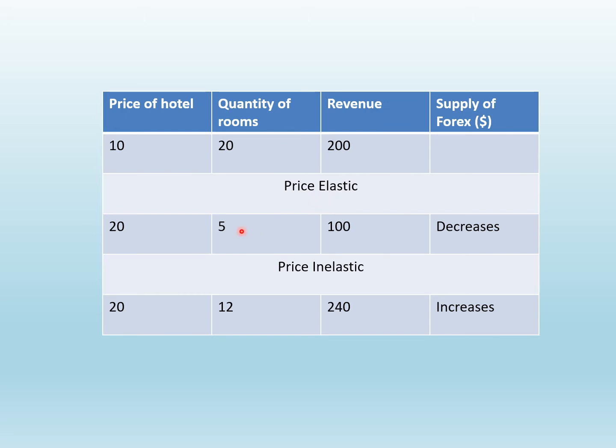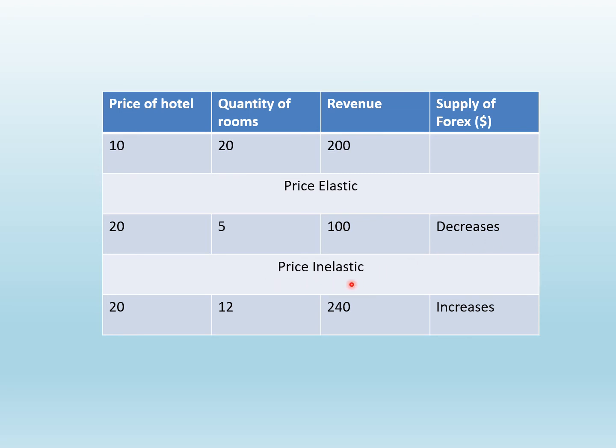So if you like, the number of rooms that are now rented out is only 5. It's a more than proportionate drop because you've got a doubling in the price level, but the quantity of rooms rented out is now only a quarter of what it was before. That's a price elastic change. The revenue changes, is now 100 compared to 200. Revenue declines, the supply curve moves to the left.